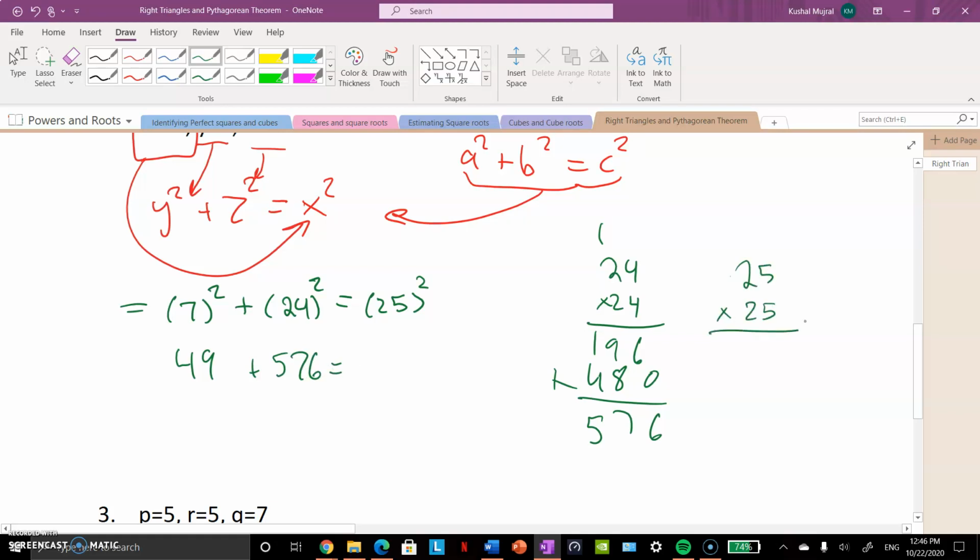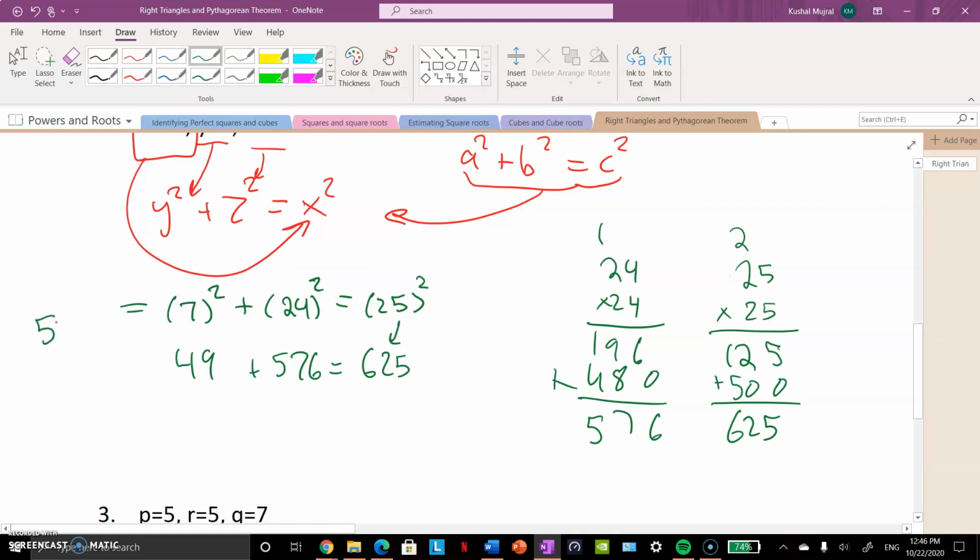25 times 25, wait, no, I made a mistake there. Let's see, 25 times 10 is 250, 25 times 15 is 375, so 250 plus 375 becomes 625, okay? Equals 625, right? 25 squared is 625.